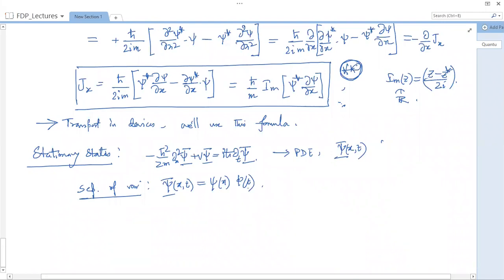You can separate the position and the time variable, and if you can, what you will immediately get is 1 by psi times (minus ħ² by 2m d²ψ/dx² plus V(x) psi of x) is equal to iħ by phi times dphi/dt.